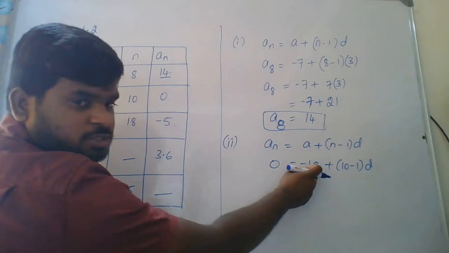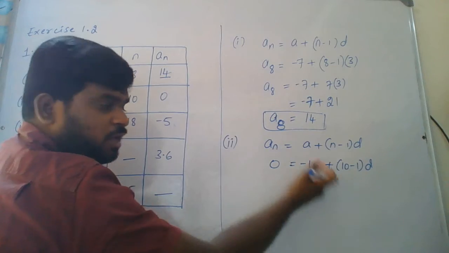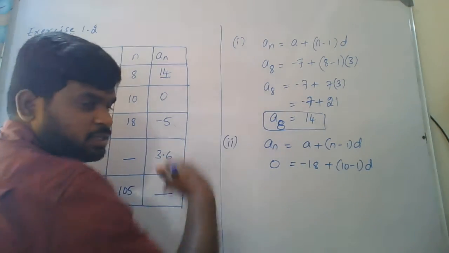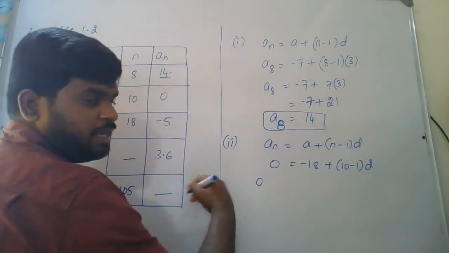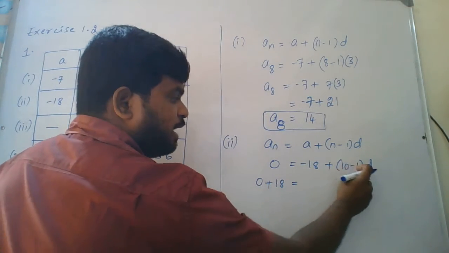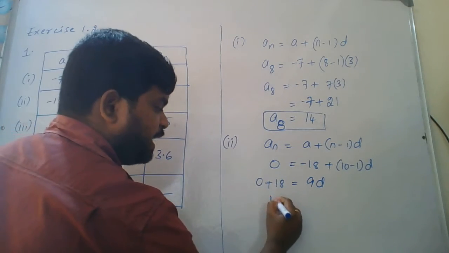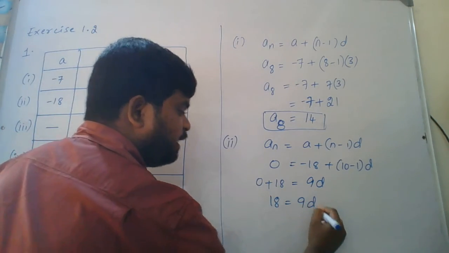Now let's transpose this -18. I'll take this -18, which is on the right side of the equals, to the left side. Transposing it to the other side, 0 minus 18 becomes plus 18 equals (10 minus 1) is 9D. So 0 plus 18 is 18. 18 equals 9D.